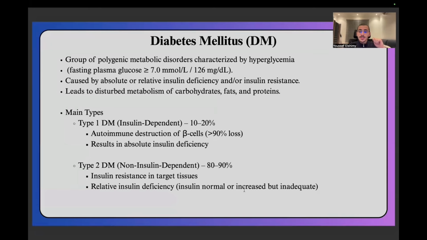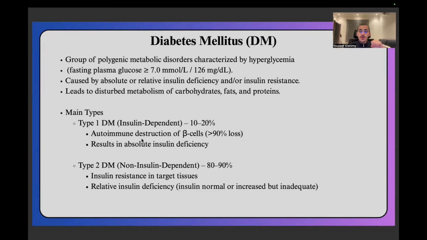Type 1 diabetes mellitus is basically insulin dependent. It means that if you give insulin, you fix the problem, because the lack of insulin is what's causing the problem, and it is usually 10 to 20% of people who have diabetes.